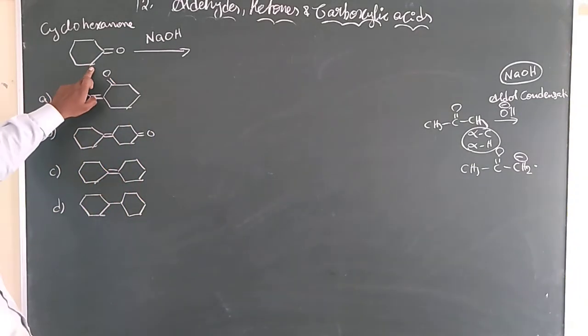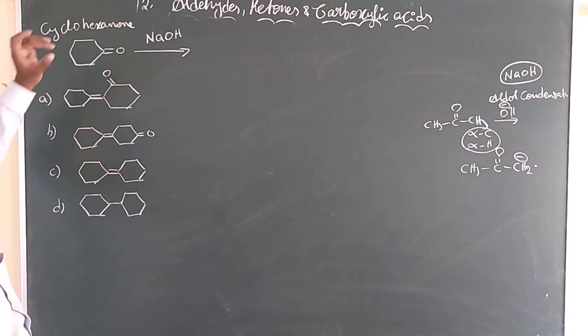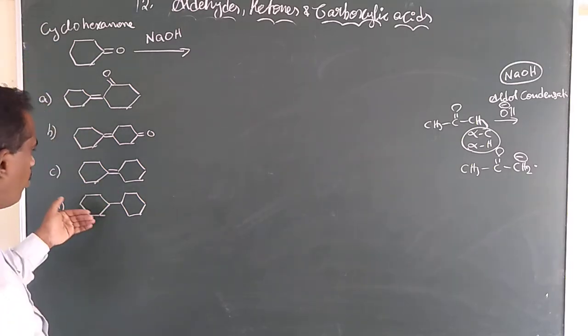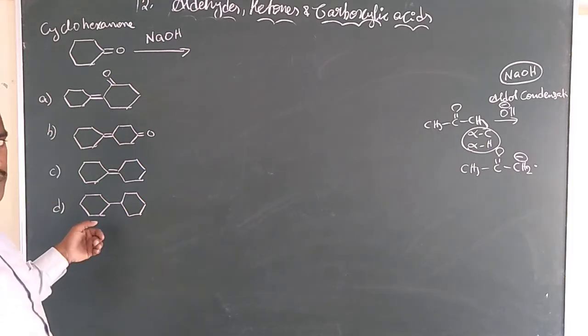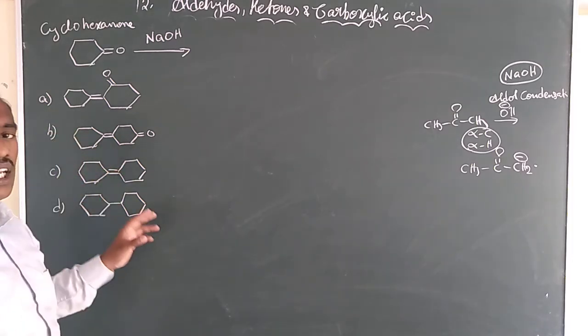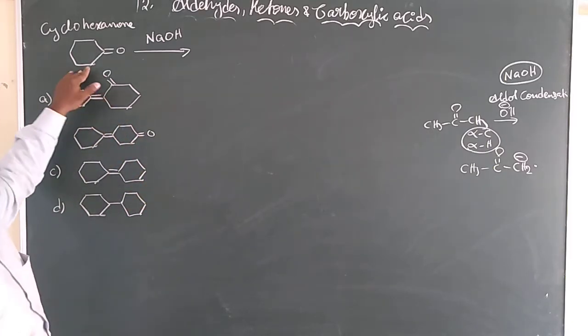Here, if you observe, there is only one reactant, but when we balance, the products have two rings. It means that in the reactants there must be two similar reactants.